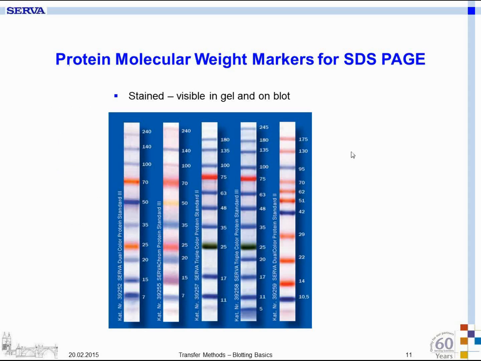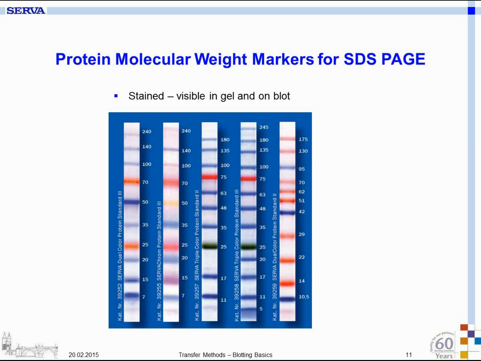What is very useful after SDS electrophoresis is to co-run markers which are pre-stained. Here you see a few examples which are available from Serva, and these stained markers not only show you an estimation of the molecular sizes, but also give you an indication on the transfer efficiency.